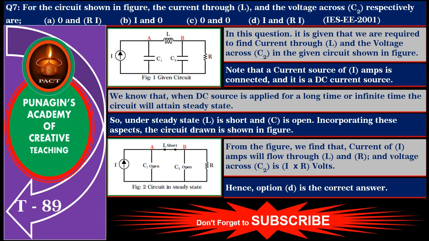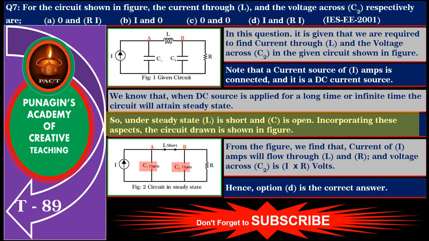This is the important observation that you have to make. We know that when DC source is applied for a long time or for infinite time, the circuit will attain steady state. So, under steady state, L is short and C is open.